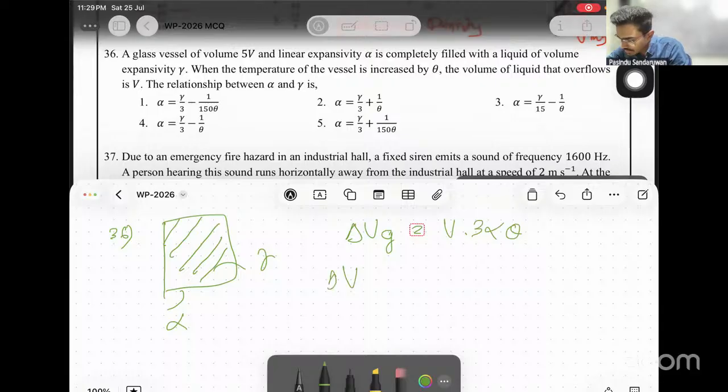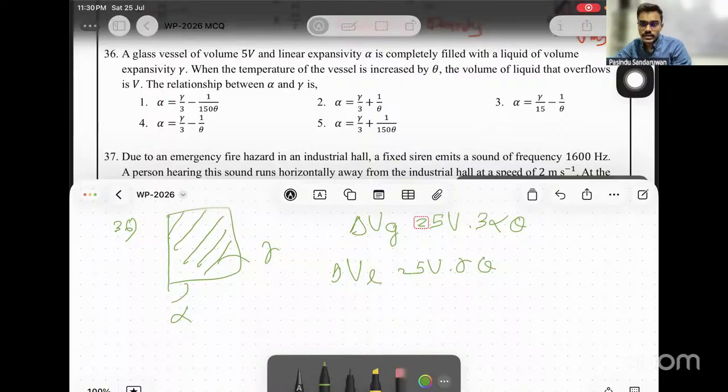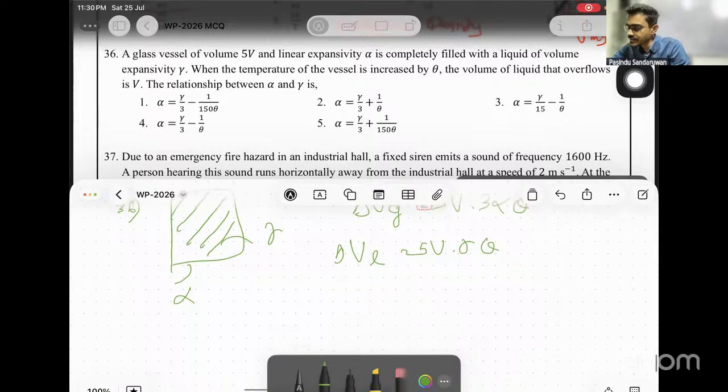Similarly, delta V of the liquid is V gamma theta, same V gamma theta. Then volume 5V, this is also 5V. Right, then we know always the expansivity of a liquid is greater than that of a solid. Expansivity of a liquid is greater than that of a solid.